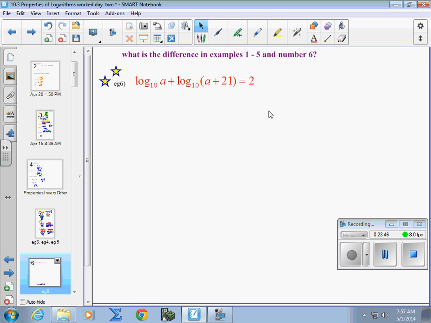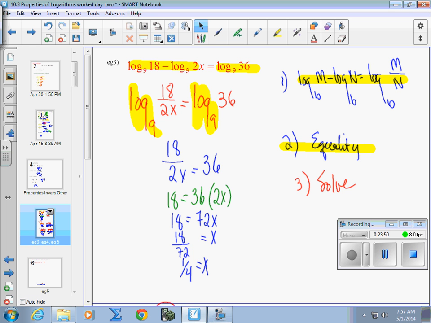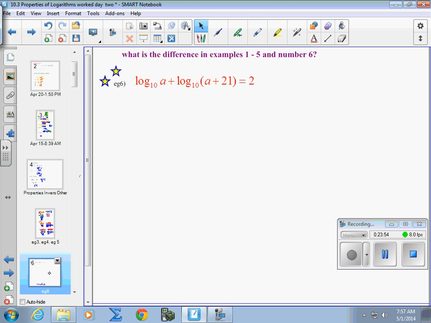Go back and look at these other problems. You see where they are all equal to a logarithm. But on this example, it's not equal to a logarithm. So put stars by it because it's solved differently.